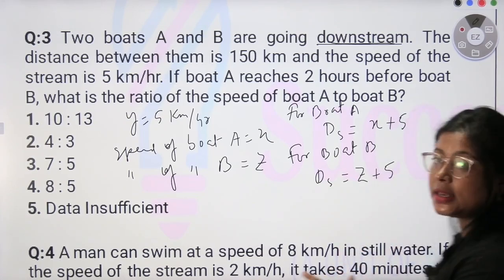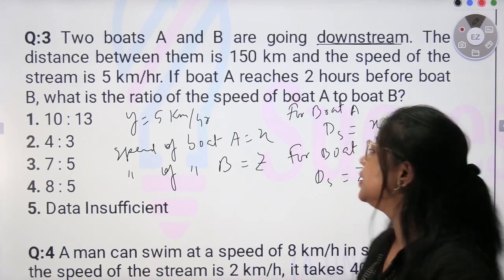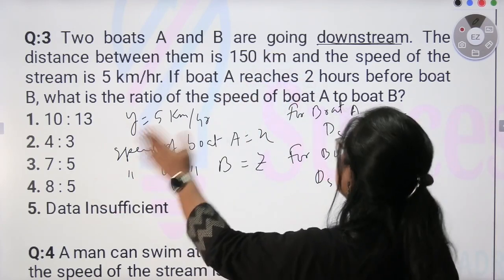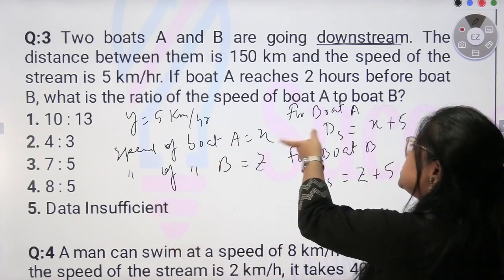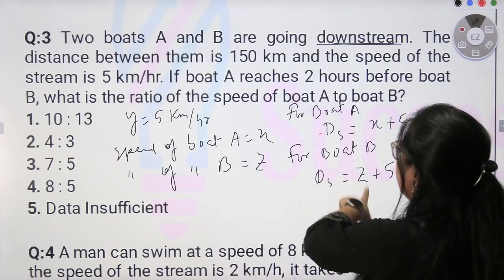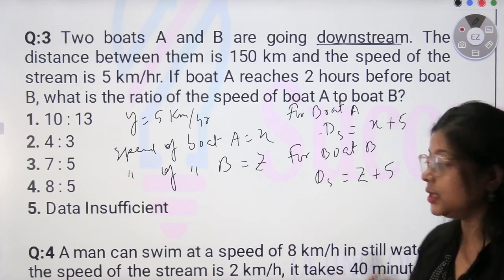Because downstream speed is x plus y, the speed of the boat or man plus the speed of the stream or current. Till here everything is clear.